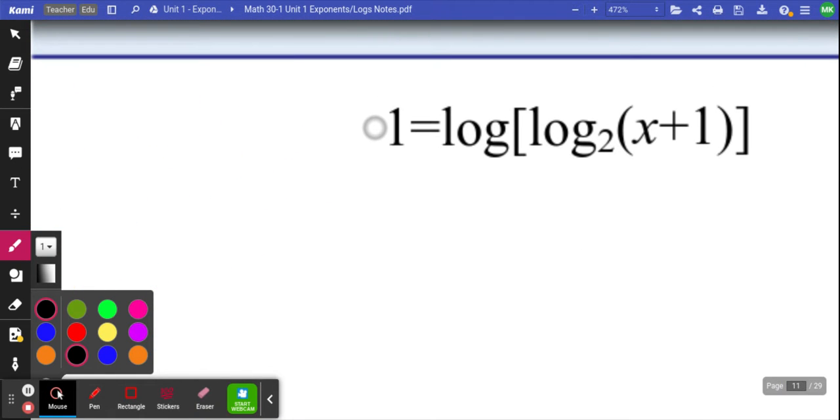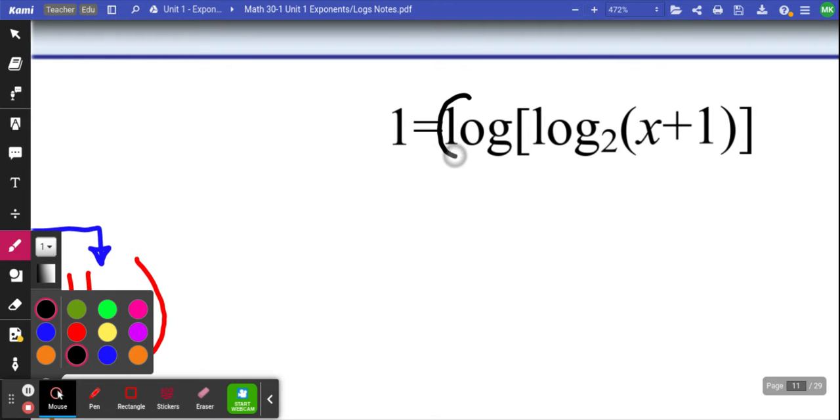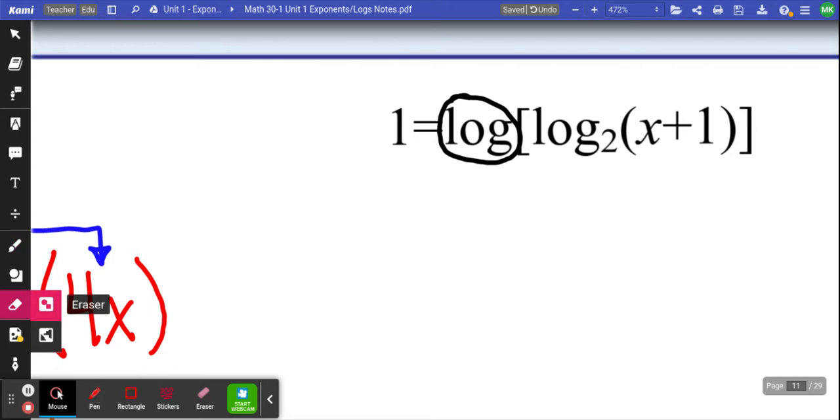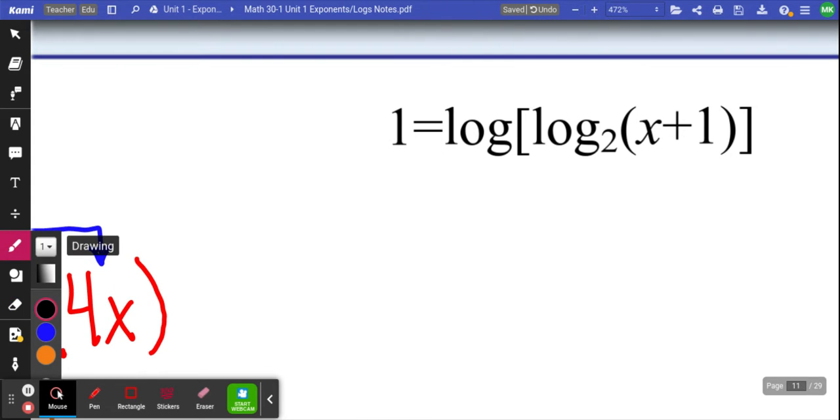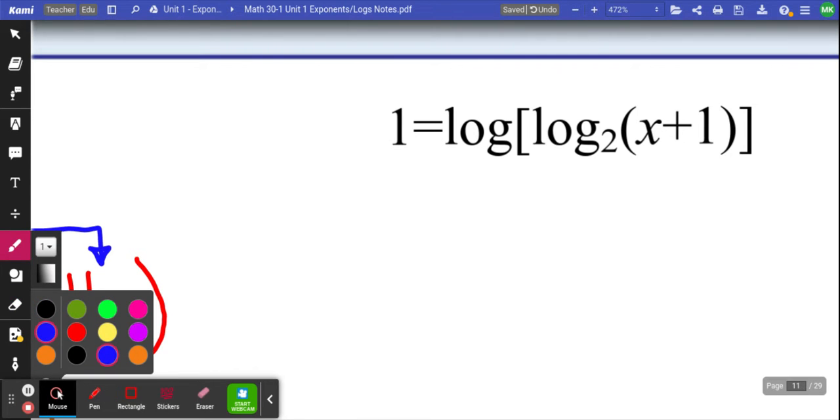This is going to be my main log. So that's the one I'm changing into an exponent right now. If you could see what I'm circling, that'd be nice. There you go. That's the one I'm going to try to turn into a power. If there's no base on a log, what's the base? Perfect. So this is an invisible base 10.